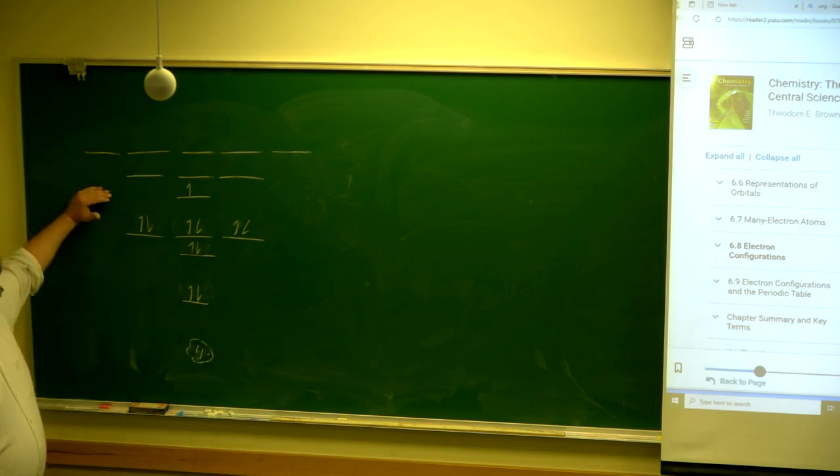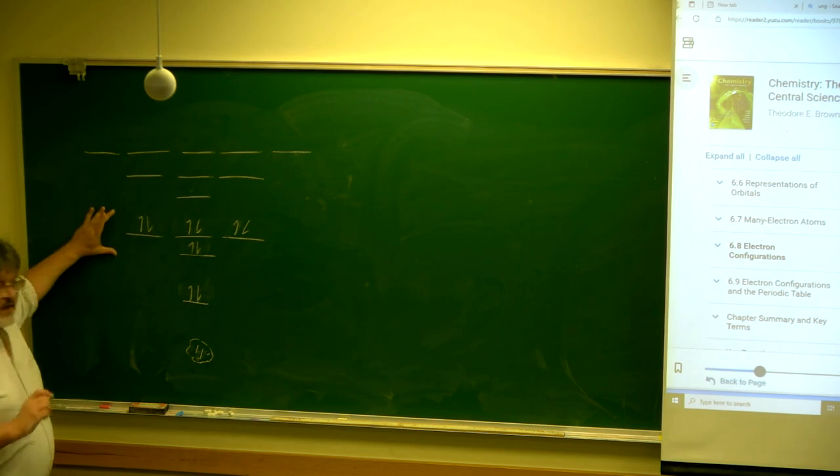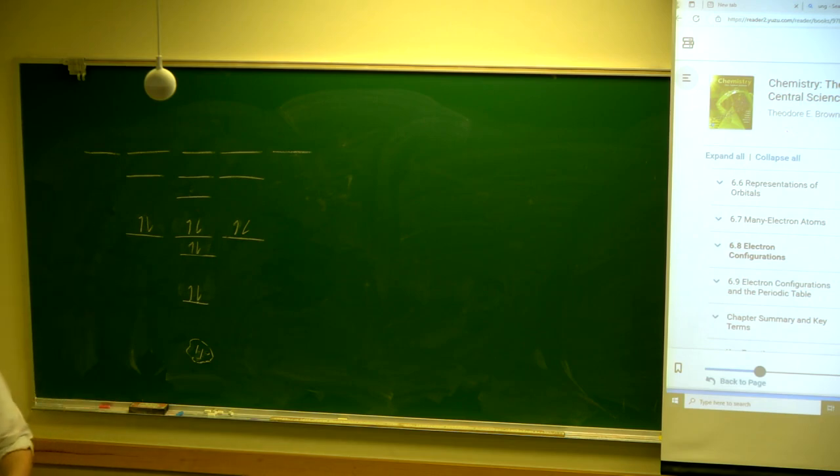If I pointed at sodium a couple weeks ago and said, what's the charge on sodium when it's an ion, what would you say? +1. It loses the electron, again, to gain that awesome, perfect stability it gets from these being full. You see that? But neon, in between fluorine and sodium, naturally has that.